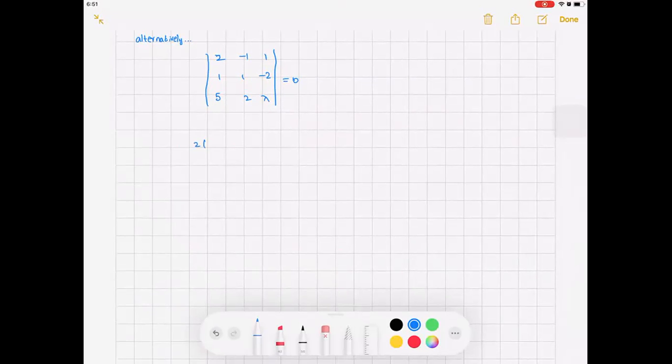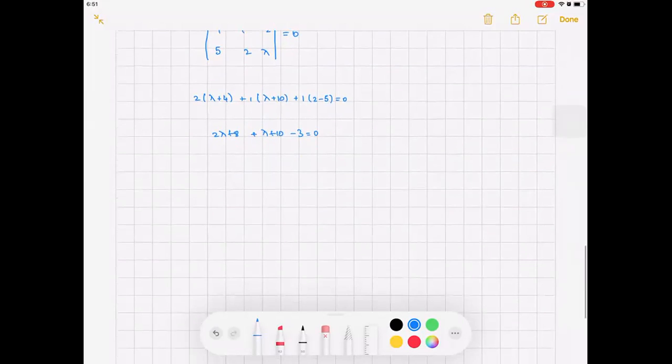So 2 into lambda plus 4, plus 1 into lambda plus 10, plus 1 into 2 minus 5, equal to 0. This gives 2 lambda plus 8 plus lambda plus 10 minus 3 equal to 0.